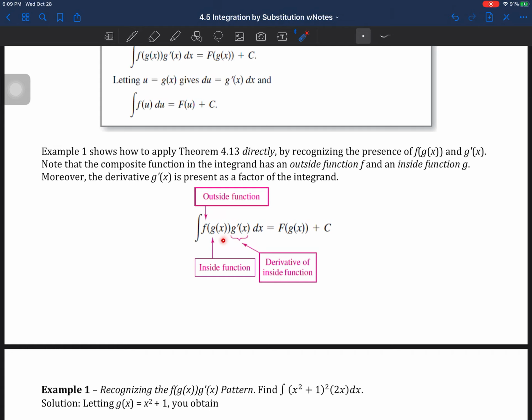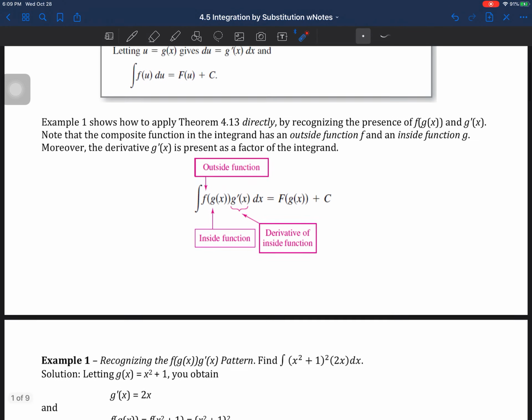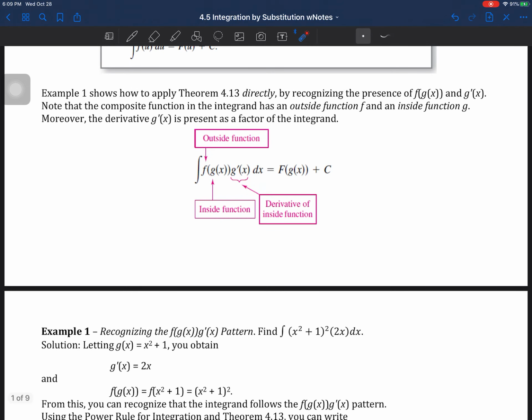And the result will be the antiderivative of the outside function, and we just carry the g of x. And that's it, and this goes away, right? But that needs to be present. The exact combination of this needs to be present, exactly as it is, in order for us to find the antiderivative. Now, this is going to open the door to other functions.